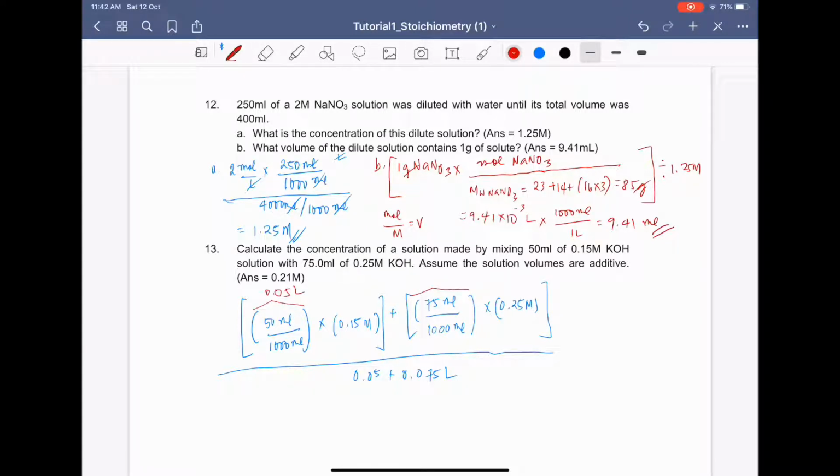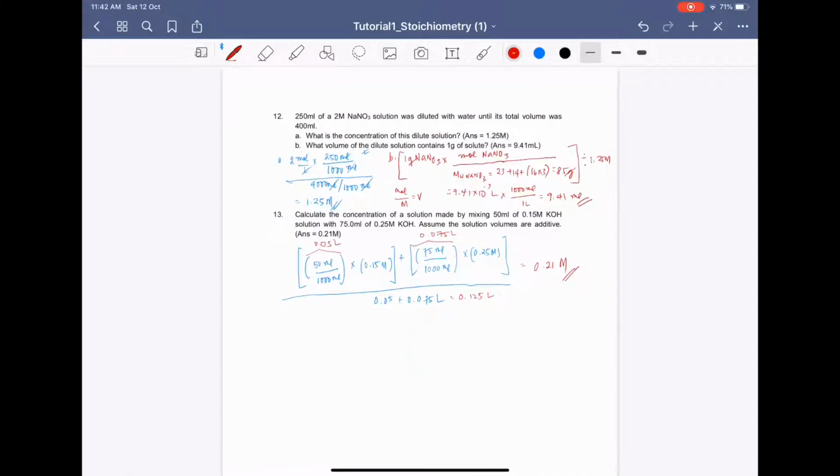Then the other one, 0.075 liter. Okay? Then let's add. It will be equal to 0.125 liter. And then we already have mole and the liter. Let's calculate, and it will be equal to 0.21 molar.